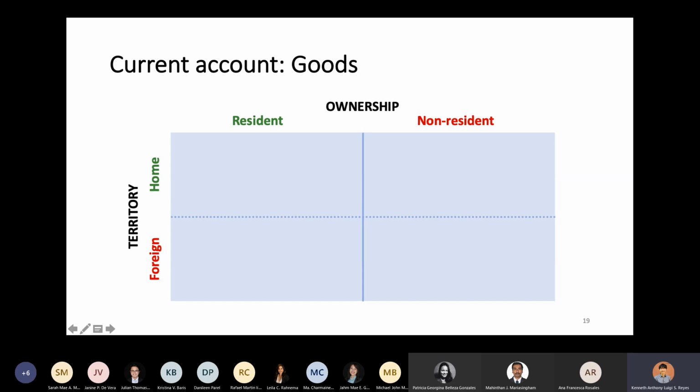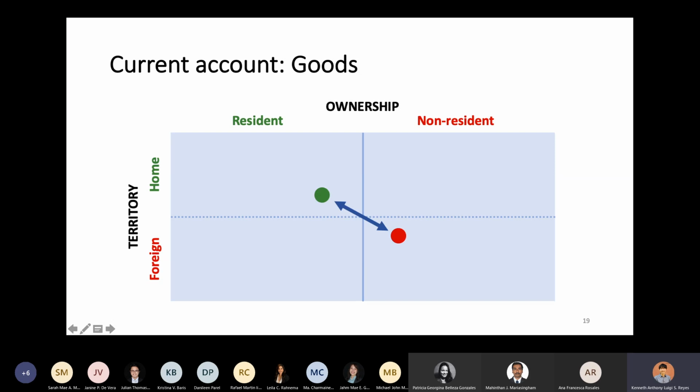I have on the top two panels the home territory, and then on the left and right, I have activities by residents and non-residents. So if I have a transaction like this, the green dot represents a resident and the red dot represents a non-resident. As you can see, the resident is in the home territory while the non-resident is in the foreign territory, and they are buying and selling with each other.